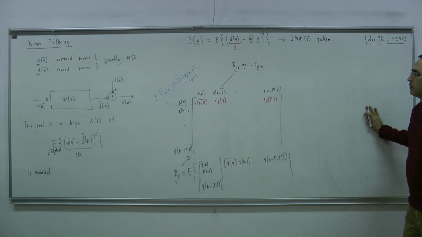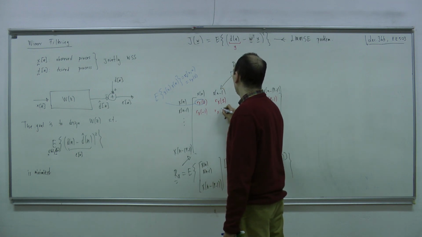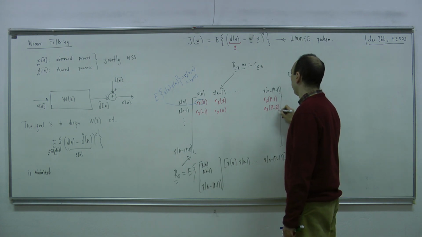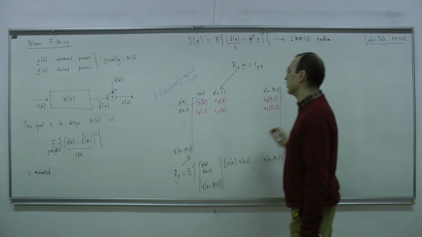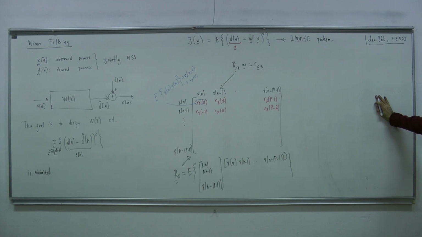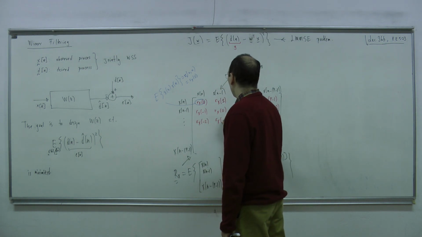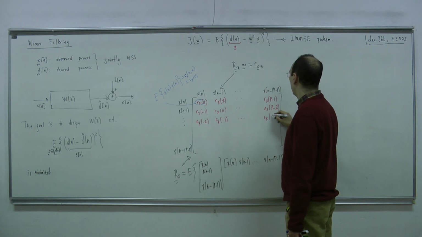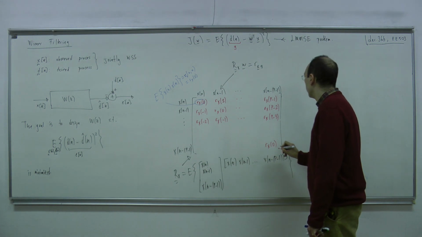How about this one? Now I have R_x of minus 1, R_x of 0, up to R_x of p minus 2, because I am decrementing by one. This goes on like this: R_x of minus 2, R_x of minus 1, R_x of p minus 3, and at the end I have R_x of 0.